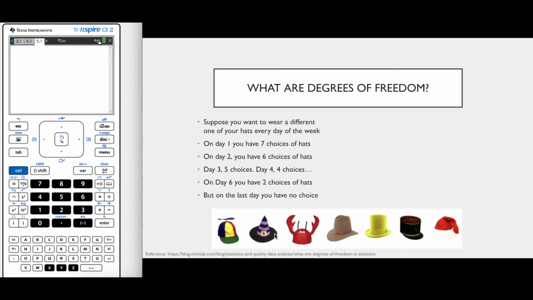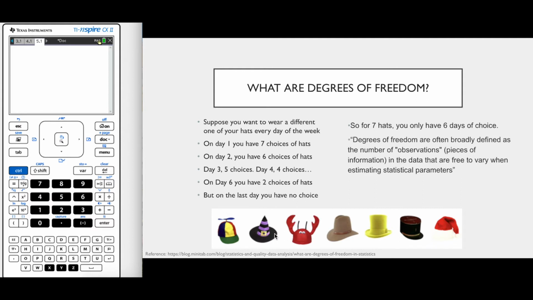So if we recap what just happened, in your entire week, the 7 days, you could only choose 6 days. So you only had a choice 6 of those 7 days. Well, when we're dealing with degrees of freedom, there's a definition that says the degrees of freedom are often broadly defined as the number of observations in the data that are free to vary when estimating statistical parameters.